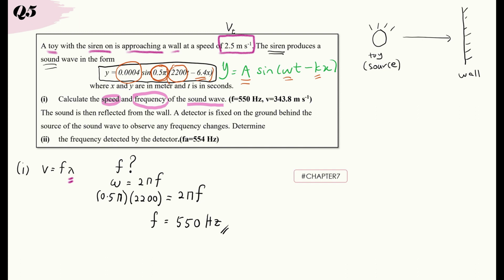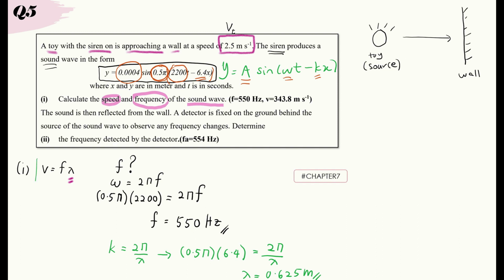Then we also have to find lambda. Lambda can be acquired from the equation of k: k is equal to 2 pi over lambda. Making the substitution, our k is 0.5 pi times 6.4, equal to 2 pi over lambda. Then your lambda is 0.625 meter. Only after that can we find our velocity.